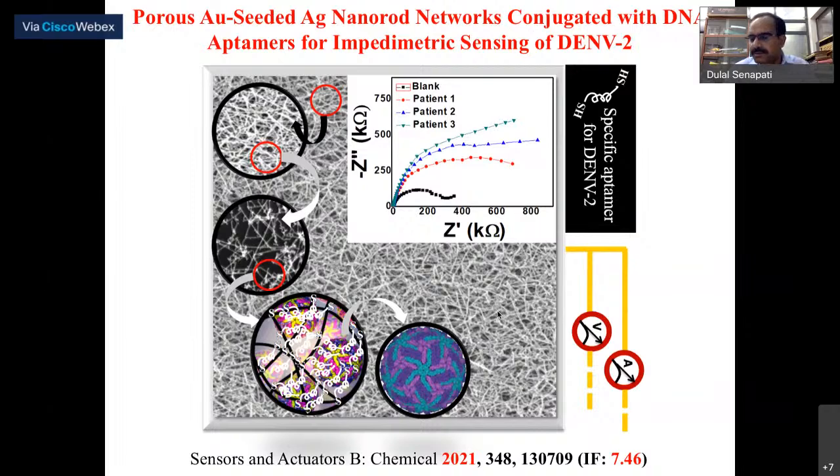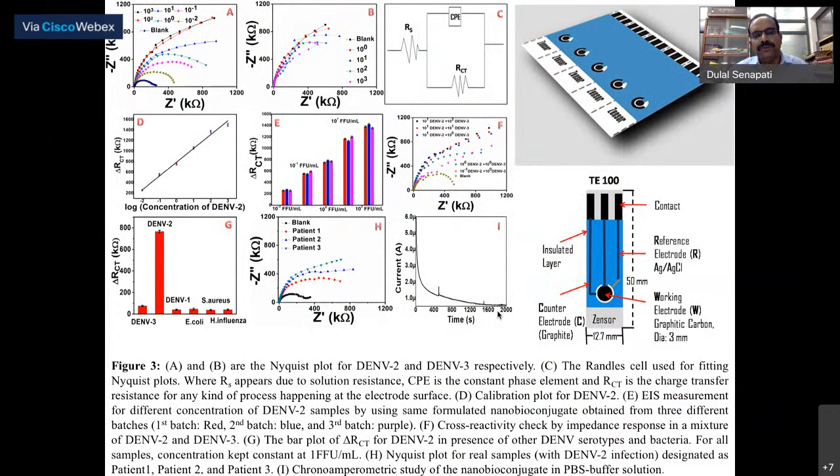Dengue has four different serotypes, DENV 1, 2, 3, 4. We can use a specific aptamer for a specific serotype and detect it electrochemically. Here you can see we can detect down to 10 to the power minus 2 PFU per ml.